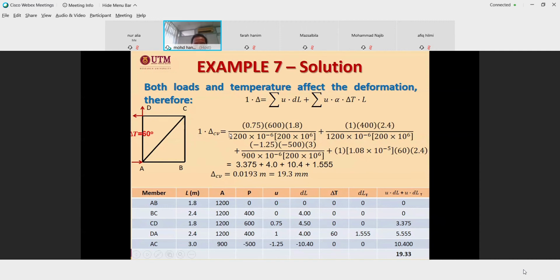Maybe there are also cases where all the members are subjected to an equal temperature increase, for example a small structure during a fire. All members might be at the same temperature, so 60, 60, 60, 60, 60. You can try. What happened to the deflection?